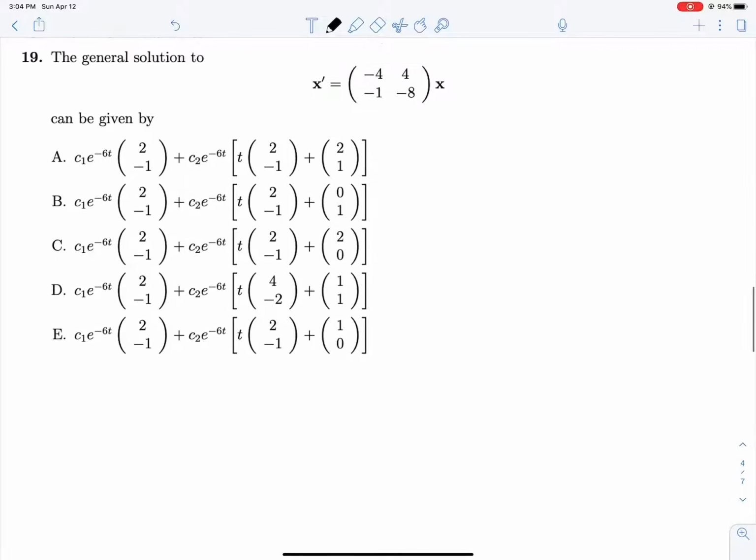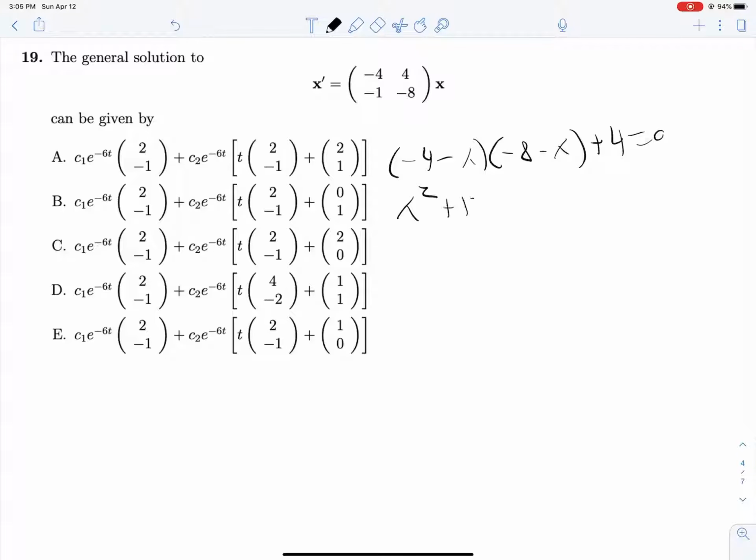Number 19, let's find the general solution to this thing right here. We're expecting to see some repeated eigenvalues because we have this whole double bracketed thing with a t and a constant. So we should expect to see that in about a couple minutes. So we're solving negative 4 minus lambda, negative 8 minus lambda, plus 4 is equal to 0.